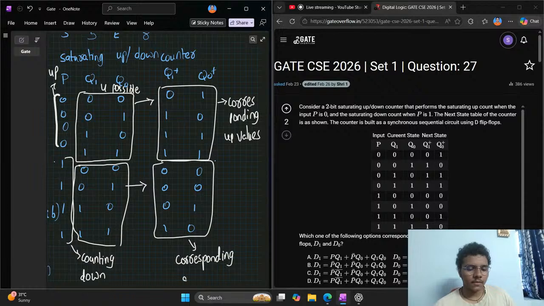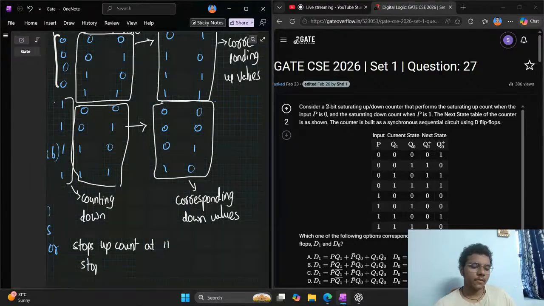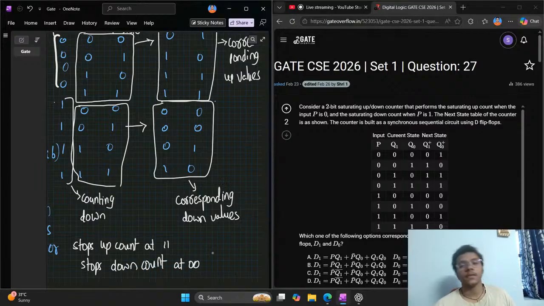Corresponding down values. Stops up count at 1 1. Stops down count at 0 0. Hope that makes a lot of sense.